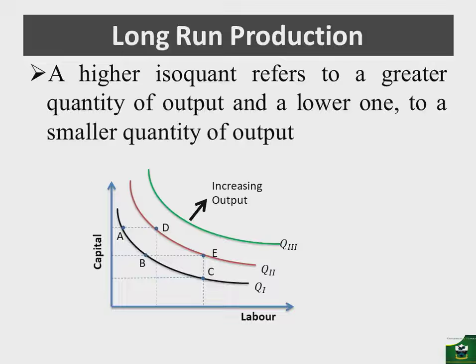In other words, put in the visual illustration, isoquant Q1 has lesser output compared to Q2, and Q2 has lesser output compared to Q3. Therefore, the direction of increasing output level is up and to the right.